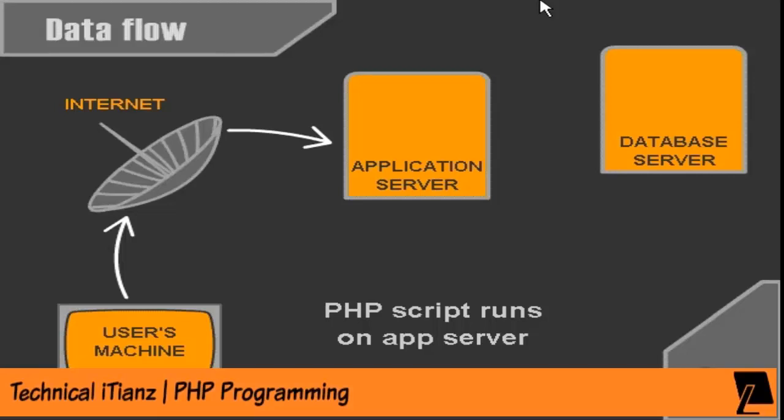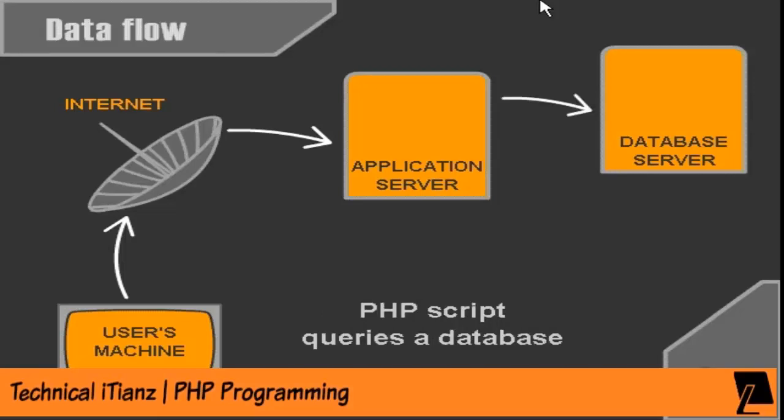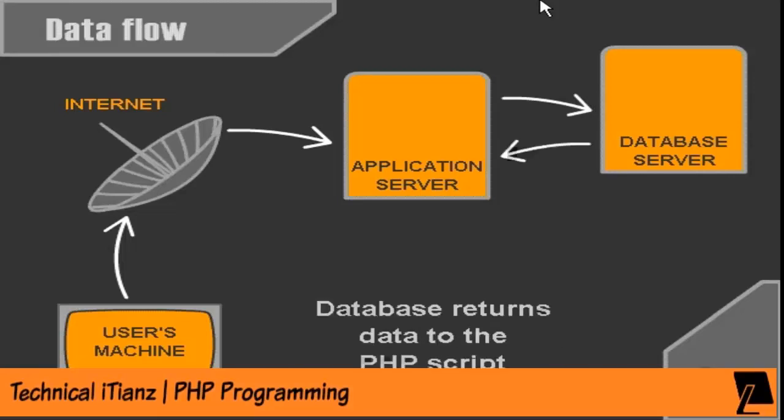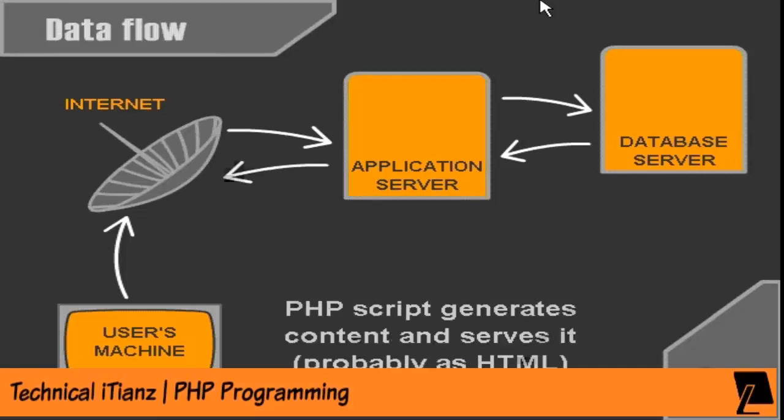These scripts may then request, based on the information that has been passed to them by the user, information from the database server. And the database server sends back information to the PHP script, which then serves the data up in an acceptable form to be handed back to the user.